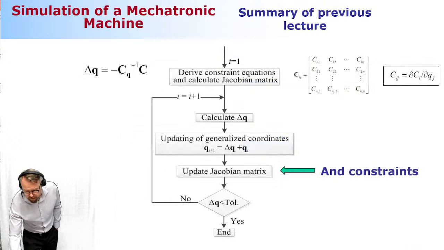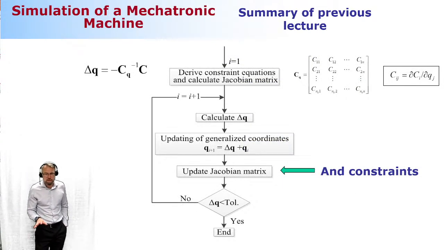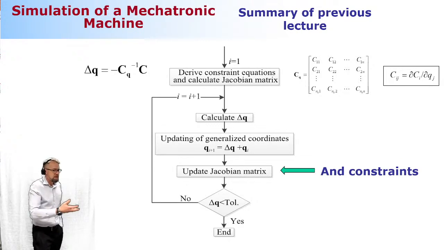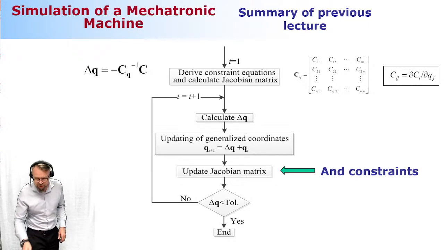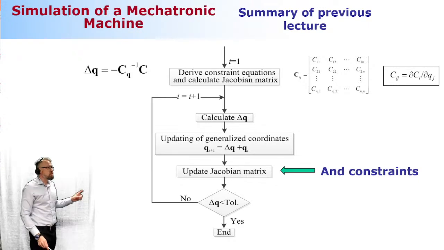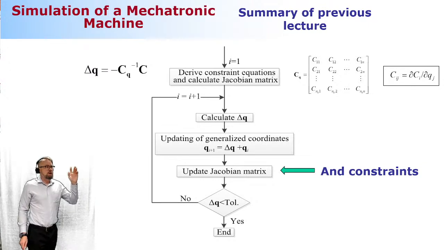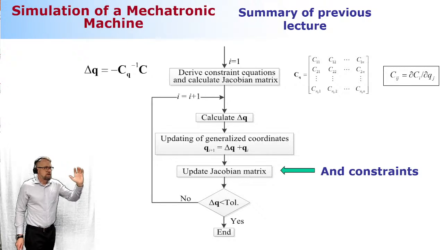Now this iterated process, like I mentioned, is this one here. So this is how you reach the position level estimation. So this is an estimation. It goes in such a way that you derive the constraint equation and you compute the Jacobian matrix. Jacobian matrix is all about the partial differentiation procedure. So you differentiate your constraints, which is a vector, with respect to your generalized coordinates, which too is a vector.